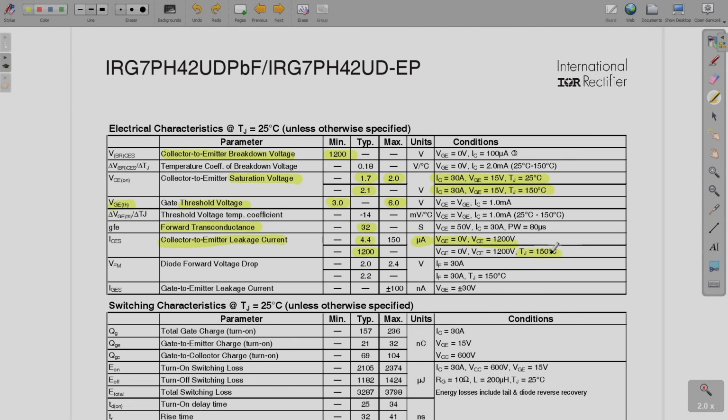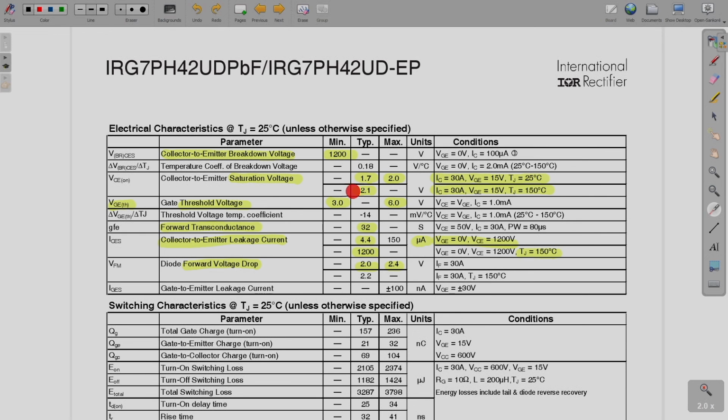If the junction temperature goes to 150 degrees C, you can see that over here there is a significant increase in the leakage current. Then further you see the diode forward voltage drop, what is the typical and what is the maximum. Now you can compare this with what you are getting here.